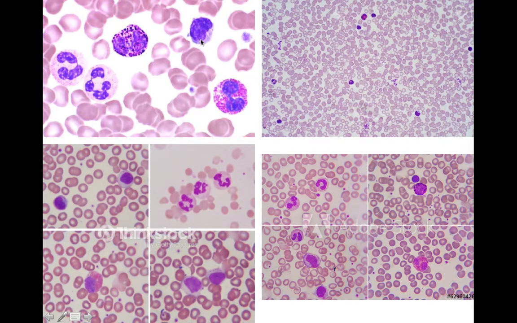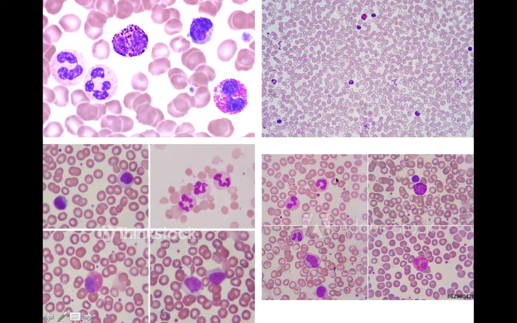This one I would call a lymphocyte because it's got the big nucleus with a little bit of cytoplasm around it. You could argue that this could be a monocyte because the nucleus is a little bit curved here, and I wouldn't argue with that on that one. And this one here is definitely an eosinophil because you've got the red granules and the bilobed nucleus here.